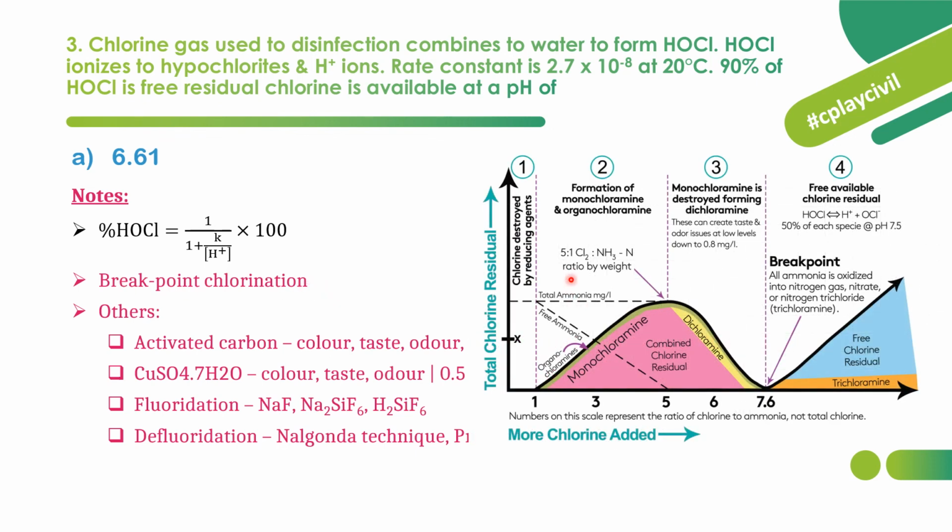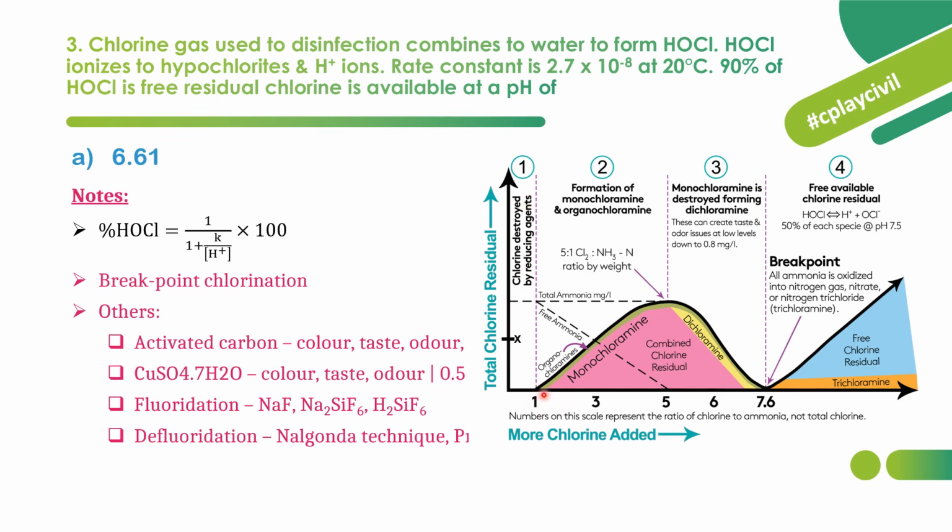Let's see this graph. Total chlorine residual is on the y-axis and chlorine added is on the x-axis. Initially there will be no residual, because the chlorine will be destroyed by reducing agents. In this initial part, the chlorine is destroyed by reducing agents.